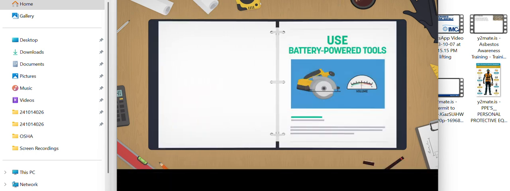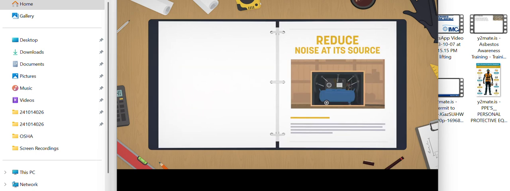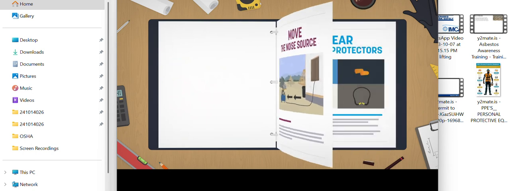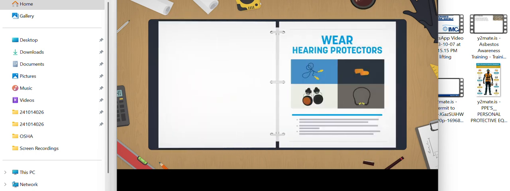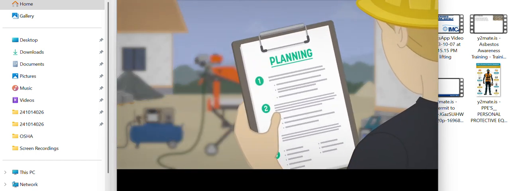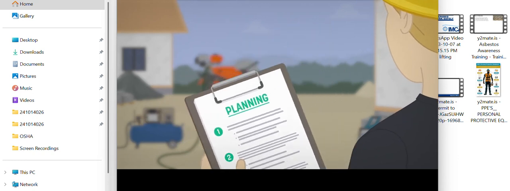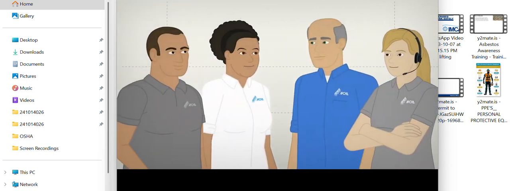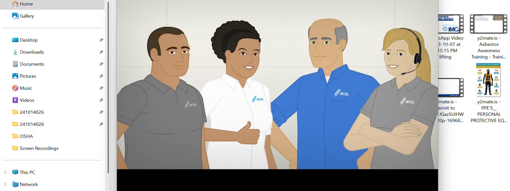Use battery-powered tools, reduce the noise produced by equipment, cut down on noise exposure by moving the noise source, and wear hearing protectors. And remember, no matter the hazard, proper planning is always the first step. If you have any questions or need advice, OPCHQ advisors are always here to help.